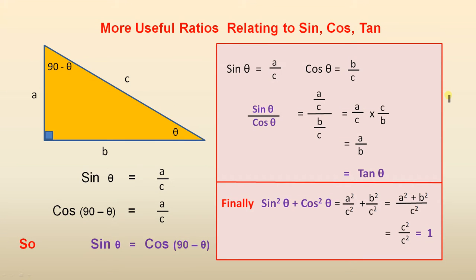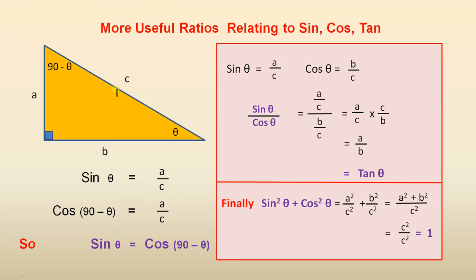Some more useful ratios relating to sine, cos and tan. Here we have a right angle triangle. The height is A, the base is B, and the hypotenuse is C. If that's theta, that must be 90 minus theta, because that angle and that angle both add up to 90 degrees. Now we can see that sine theta is A over C. Sine of theta is opposite over hypotenuse.